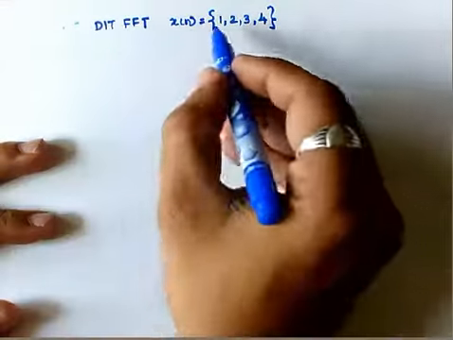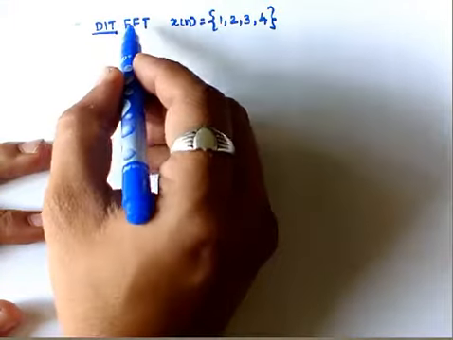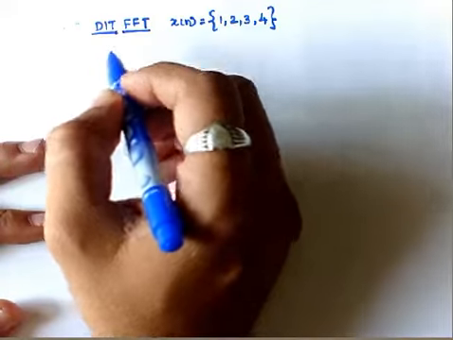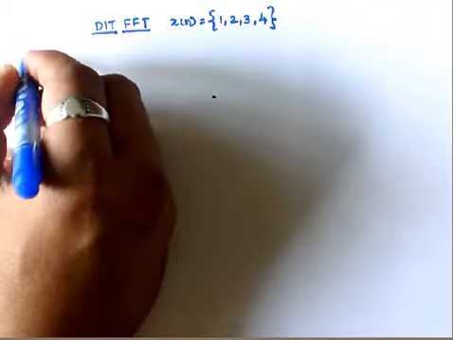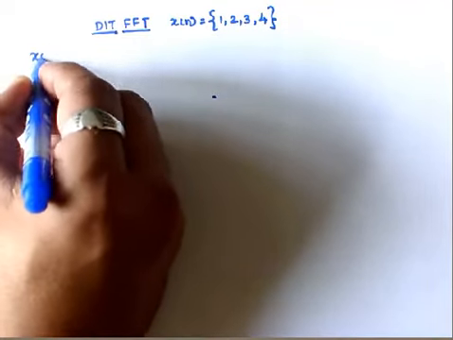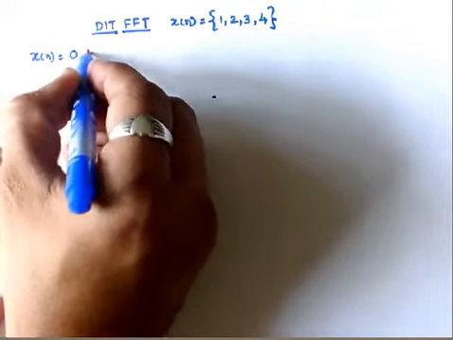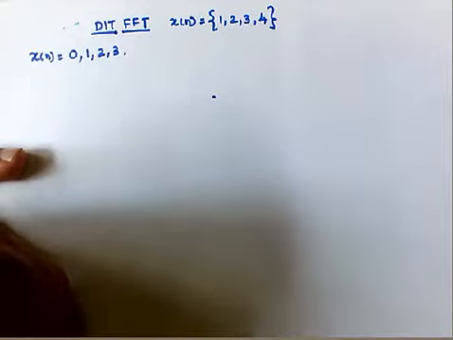Now here we need to apply the algorithm, that is, decimation in time fast Fourier transform. For this algorithm, first of all we need to decide what the input values are for x of n, for various values like 0, 1, 2, 3, what exactly is to be at the input side.